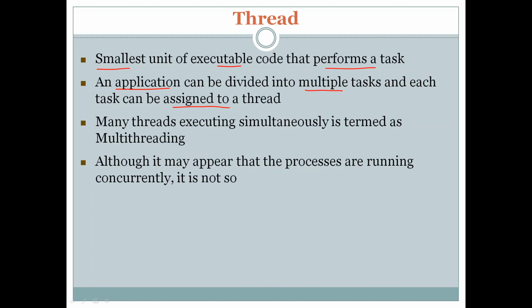So that increases the speed of performing tasks. In the same way in a program, a program can be divided into multiple parts, and each of these parts can be assigned to a thread, so that all these parts are executed simultaneously, at the same time, so that the work is done faster.